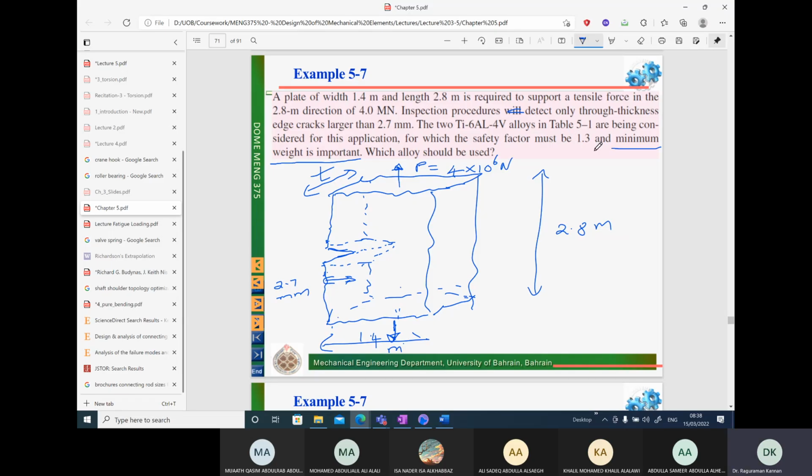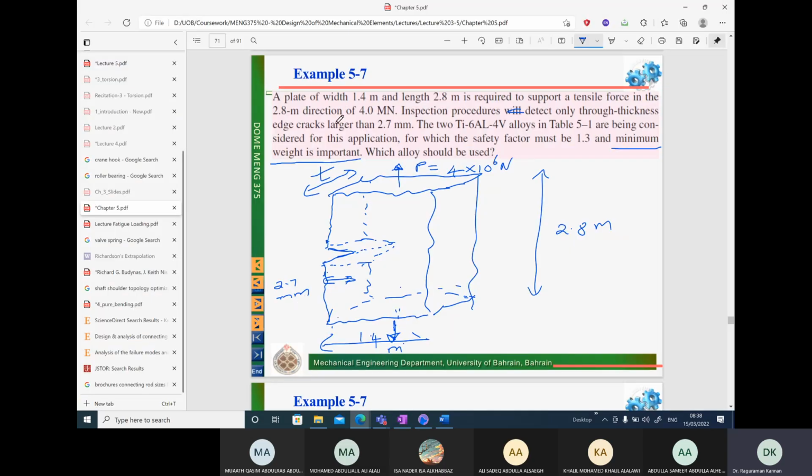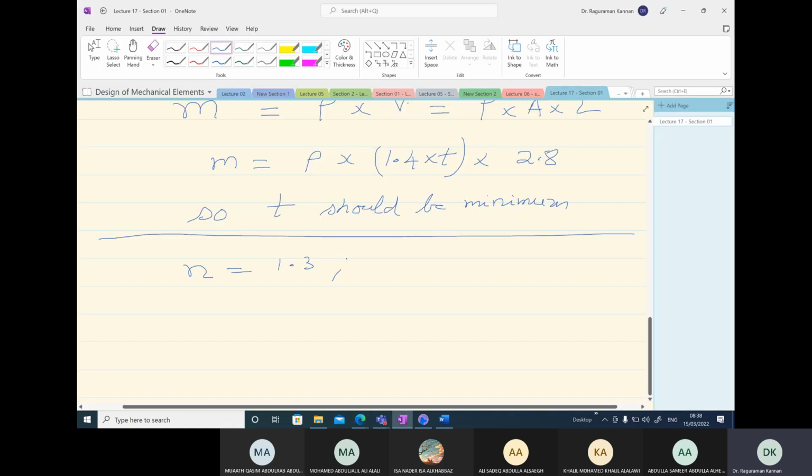Let's continue now with the other calculations. The safety factor is 1.3, so I'm going to write N is equal to 1.3. Whatever data we are given, we apply a load of 4 mega newtons. So we can calculate stress. Force P is equal to 4 into 10 power 6 newtons. Stress becomes internal force over area.